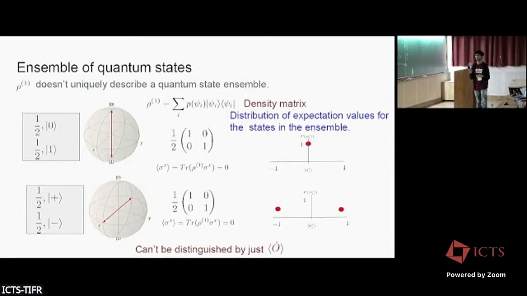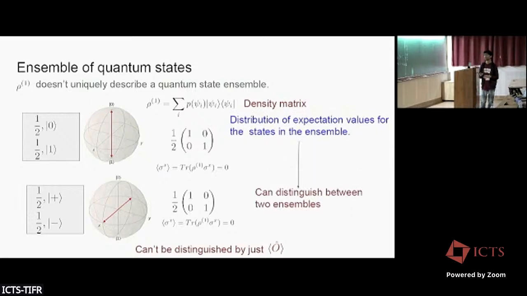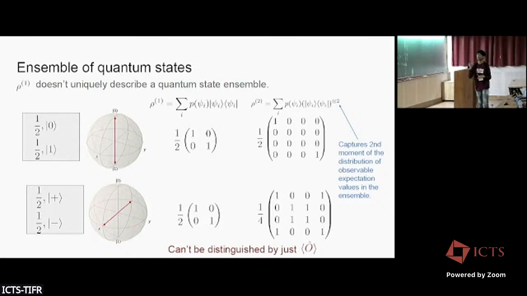For the first ensemble, whenever you measure sigma x, it will always come out to be 0. But for the second ensemble, 50% of the time you will get expectation value 1, and for the other 50% of the states, it will come out to be -1. This distribution is captured in the moments of the quantum state ensemble. This is just an illustration. We already saw the density matrix is the same for both of these ensembles.